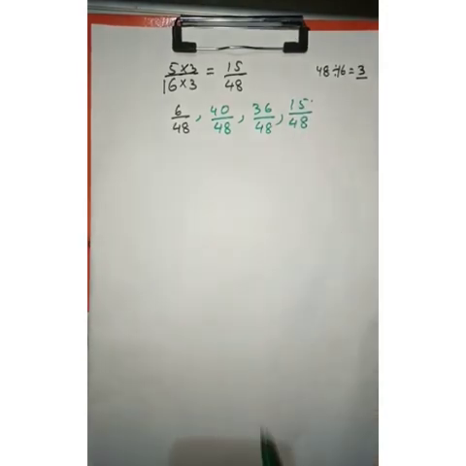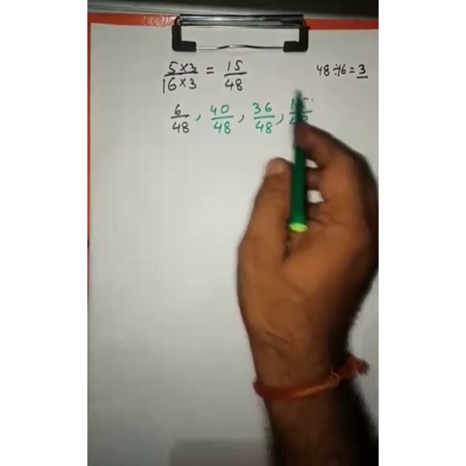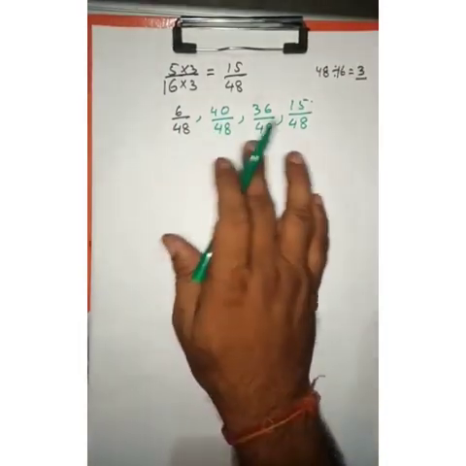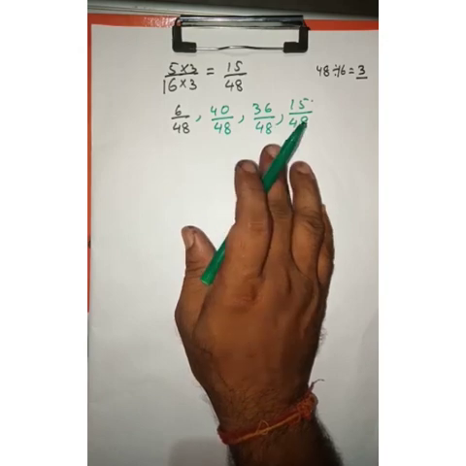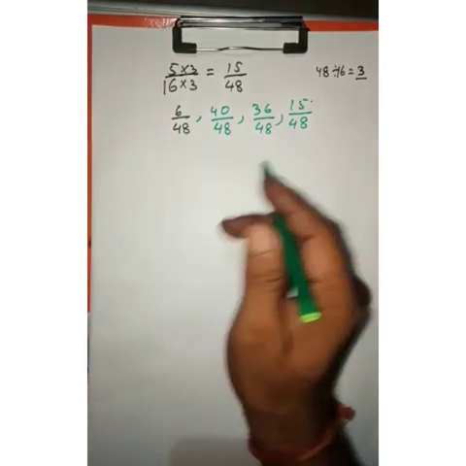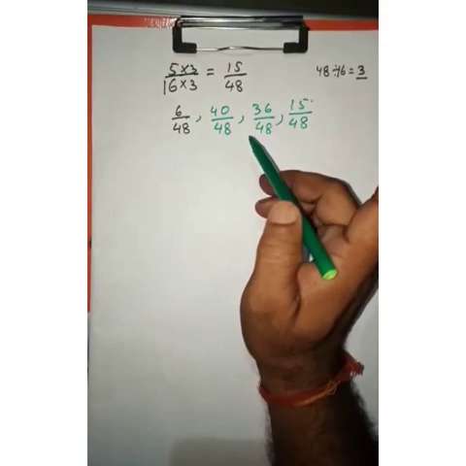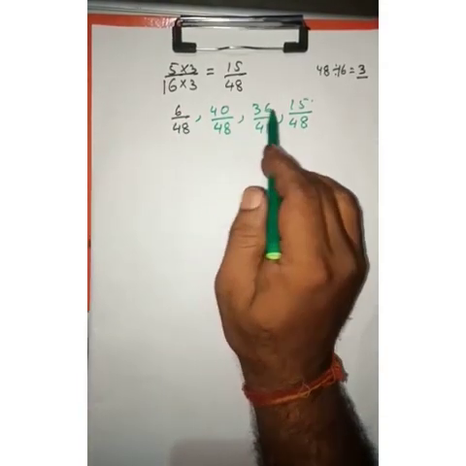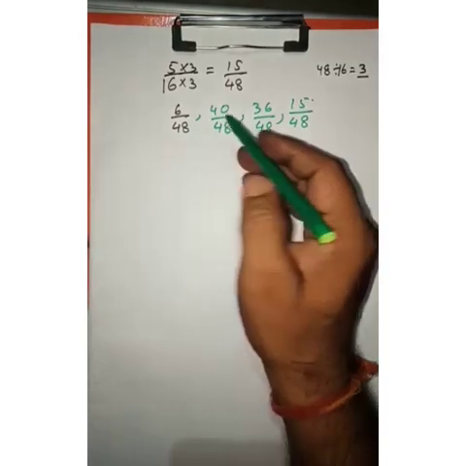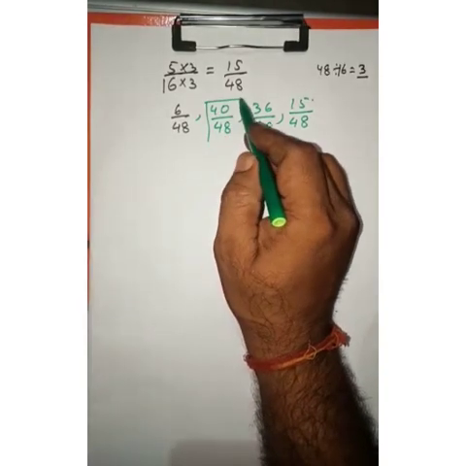Okay, now see, all fractions are converted into like fractions. Okay student, now what we have to do: the greater the numerator, the greater the fraction. Now we will see which numerator is greater. So 40 upon 48 is greater. Okay, this one is greater.